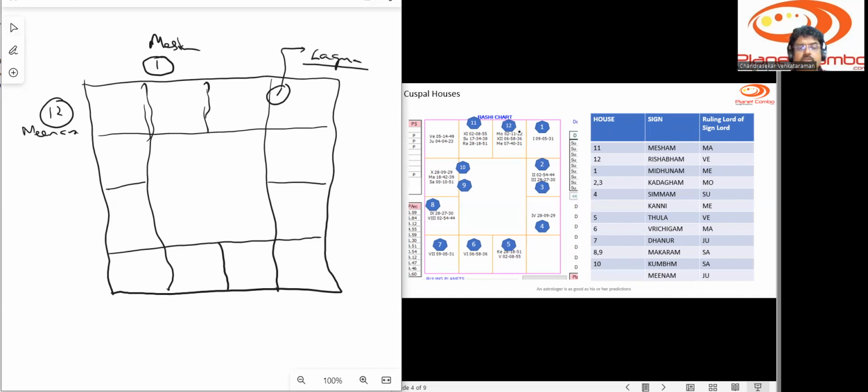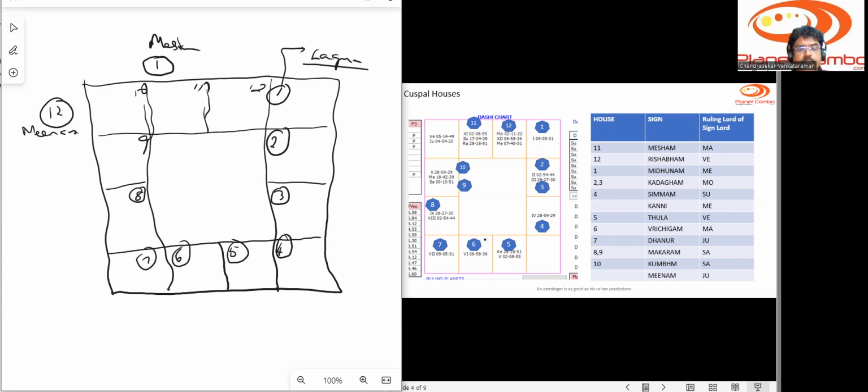So this is 1. Now, when I put equal, it's always 30 degrees, so each house will be equally numbered. So this is 6, this is 7, this is 8, this is 9, this is 10, this is 11, and this is 12. Let's look at the planets in the houses here and then replicate them on this equal model. There's no planet in 1, nothing in 2, 3, nothing in 4, nothing in 5.